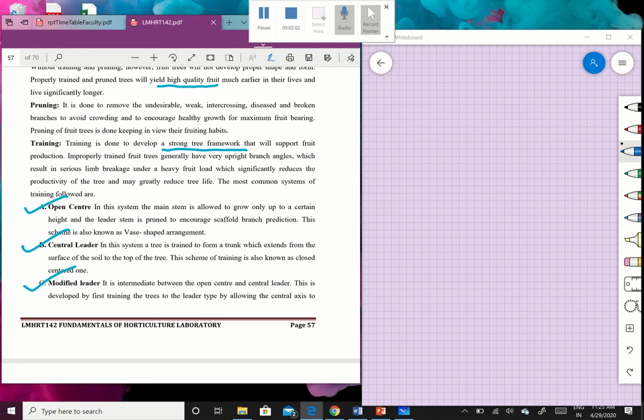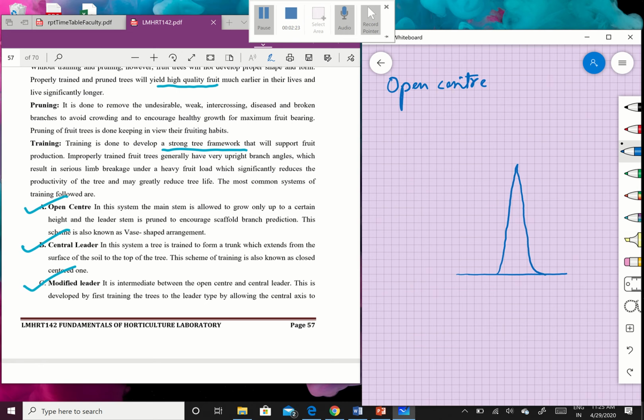Let's see one by one what those are. First, let's discuss the open center. In the open center, for example, this is your ground level and this is your tree, which is growing.